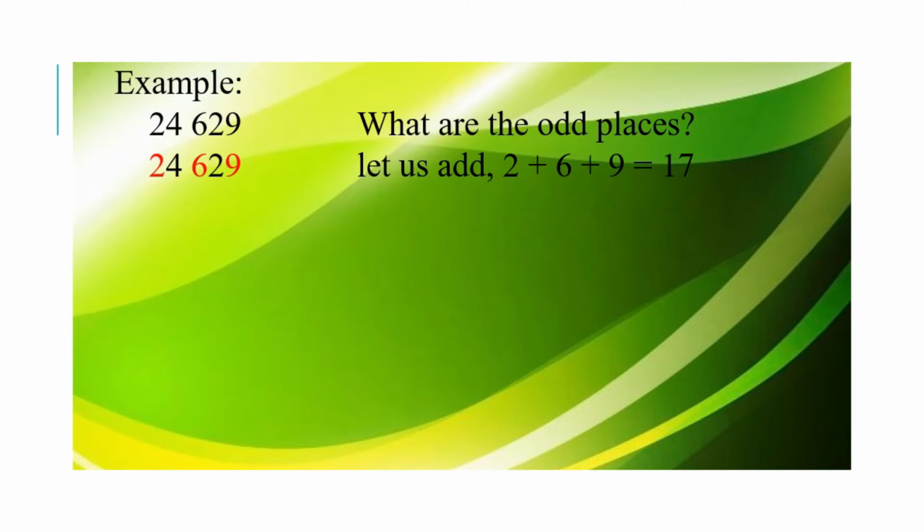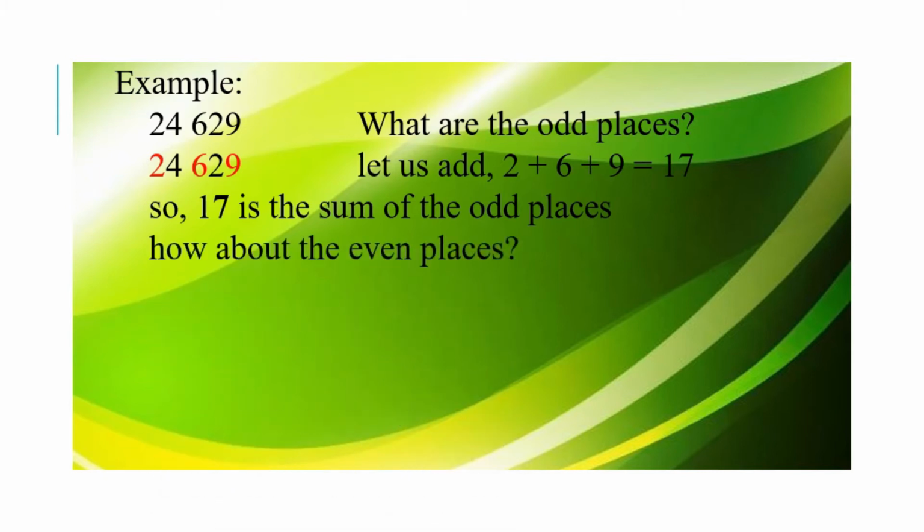What will we do? Let us add the 2 plus 6 plus 9. And the sum is, very good, 17. So, 17 is the sum of the odd places. Take note, the sum of the odd places is 17.